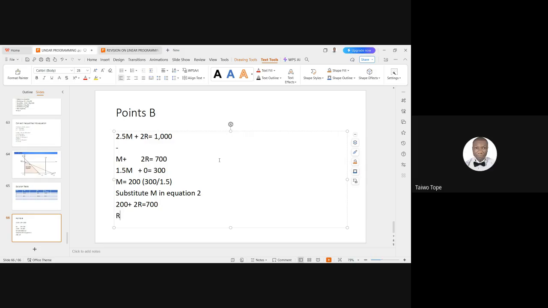The value of R will be 700 minus 200, which is 500, divided by 2, so R is 250.